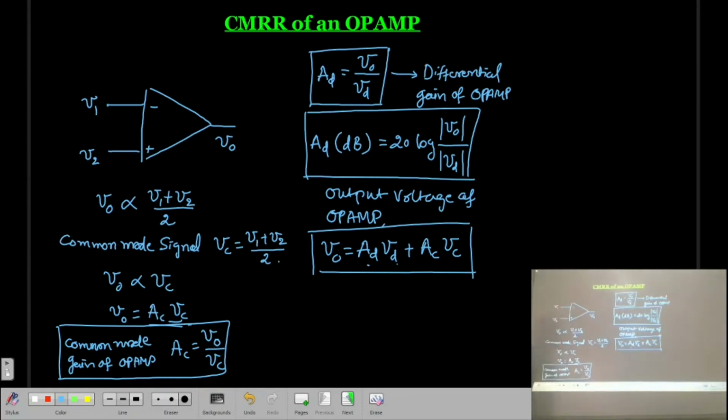So actually, what should be the ideal value of AD and AC? The operational amplifier has to amplify only the difference between the two signals. Remember, and therefore, for an ideal operational amplifier, the AD must be very, very large, or you can say it should be infinite.